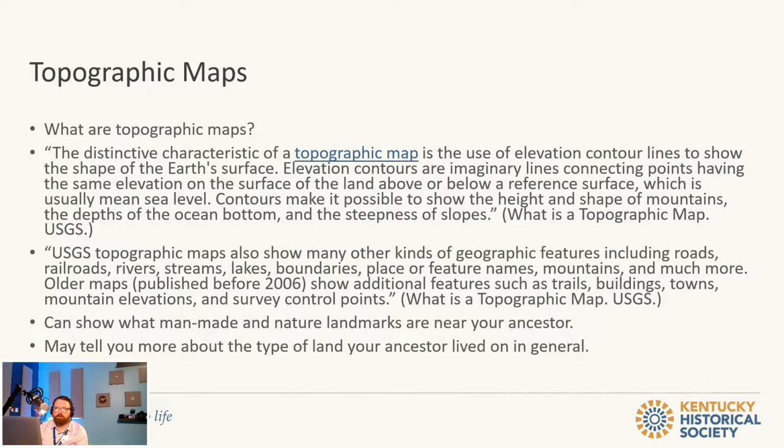So, these types of maps, including topographic maps, if you know your ancestor had land that was adjoining a particular body of water or some other property, may be able to help you pinpoint that.